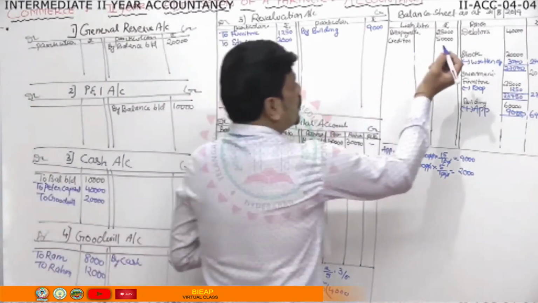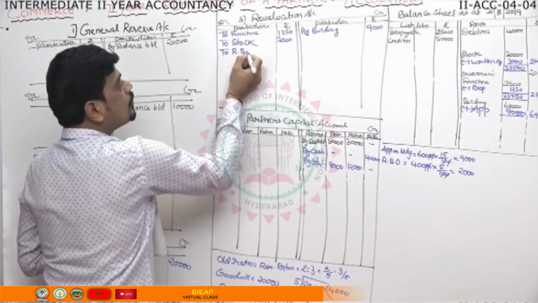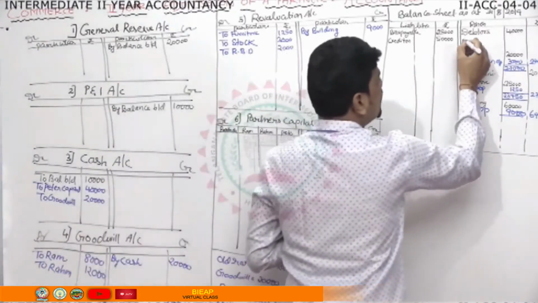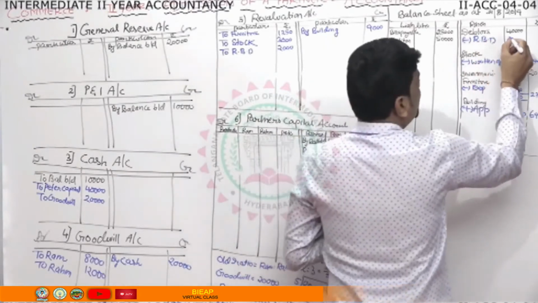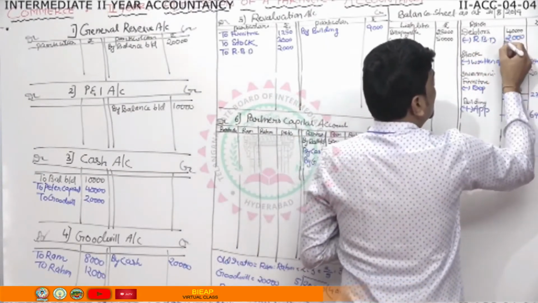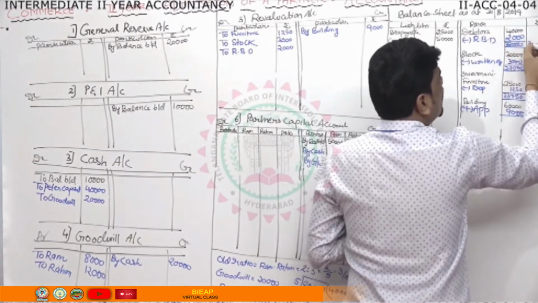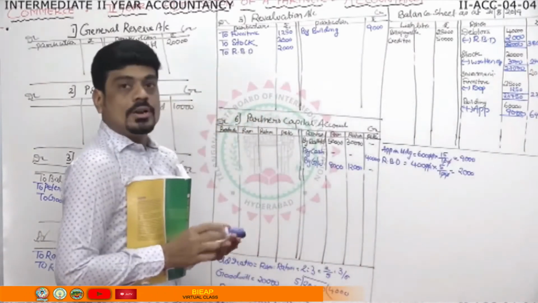I'll go to revaluation account to RBD. I got 2,000. Subtract from debtors minus RBD amount 2,000. Again I'll subtract, I'll get 38,000. And this 38,000 I am transferring to the outer column.